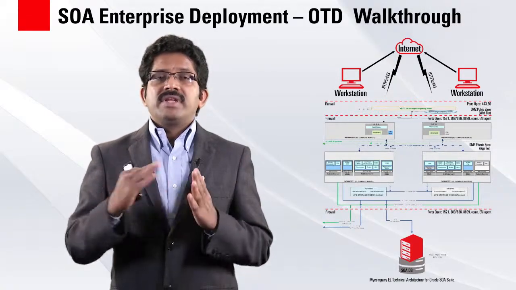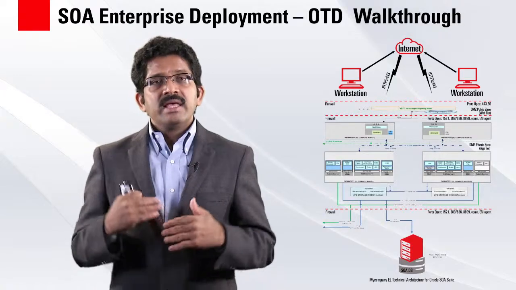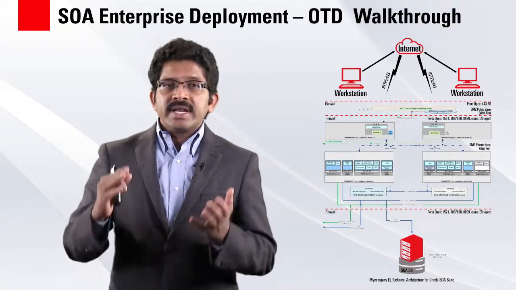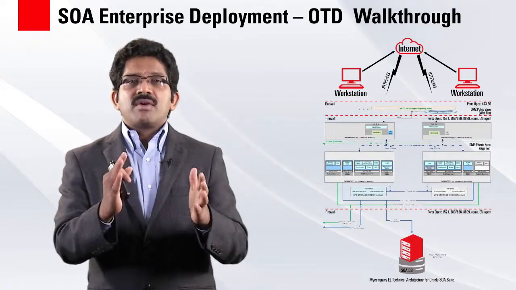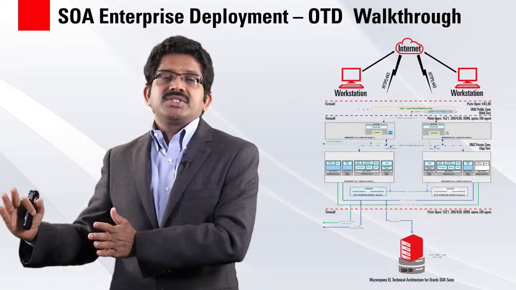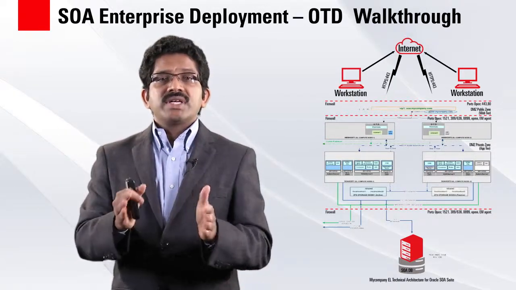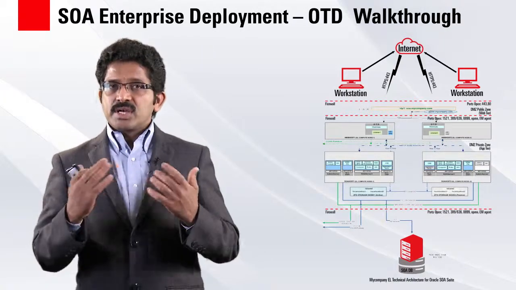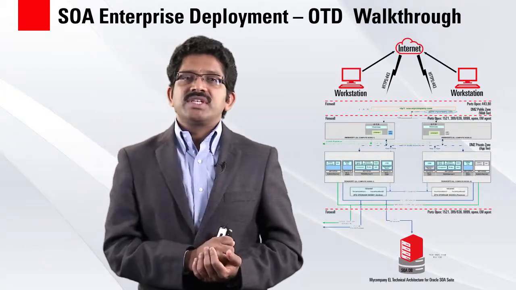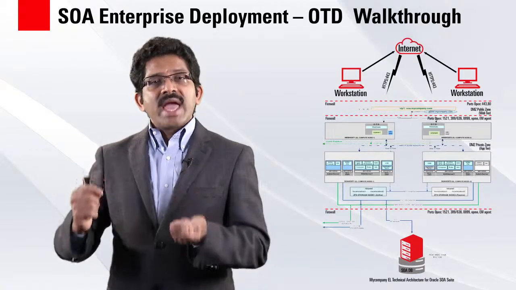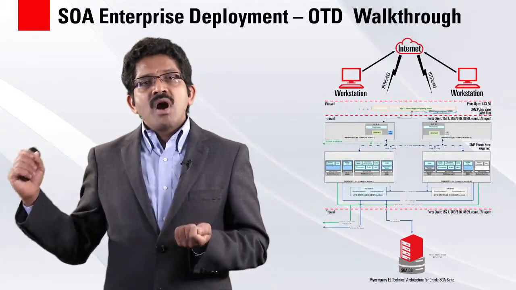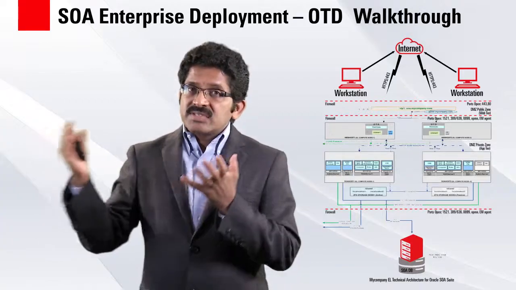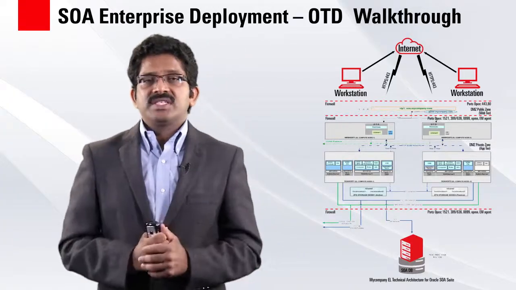However, in the SOA application deployment, there are requirements to integrate your SOA suite of applications with your internal applications, which may be outside the Exalogic rack. So in that case, we also configure an Ethernet over IB listener on the SOA suite servers so that you can integrate your non-Exalogic rack applications with your SOA suite in the Exalogic rack.